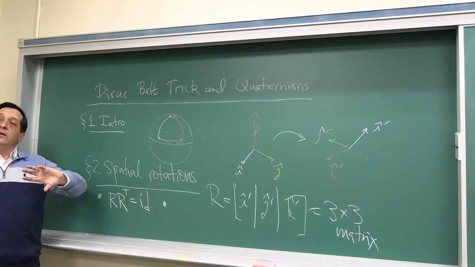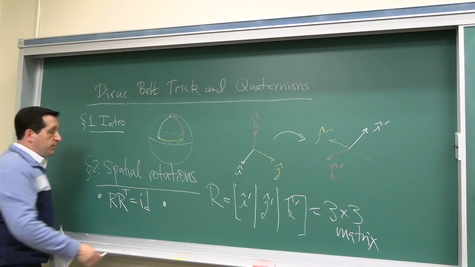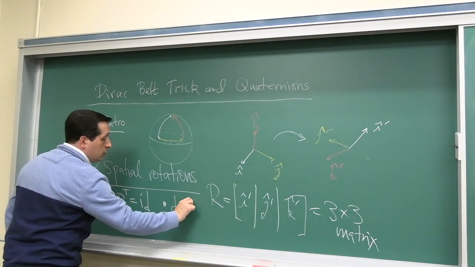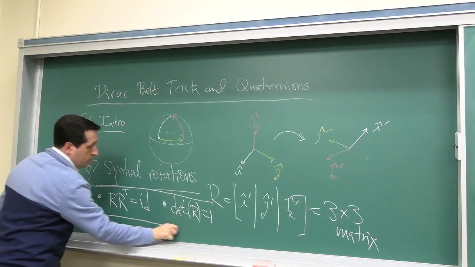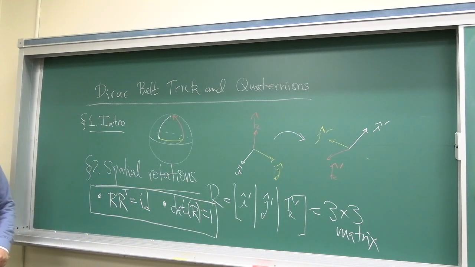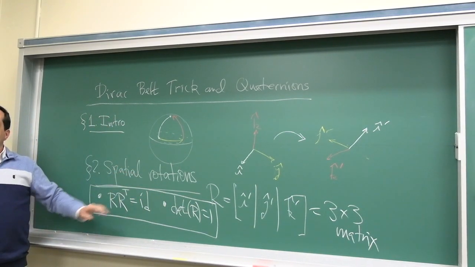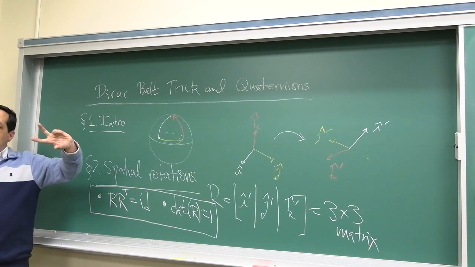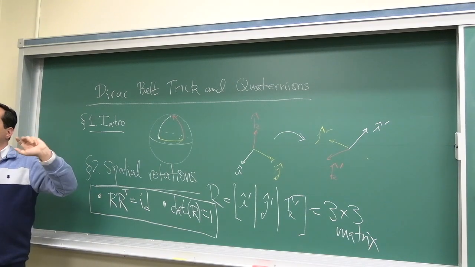When it's 1, it's orientation preserving, and when it's minus 1, it's orientation reversing. And so we also impose this further condition that the determinant is 1. So these are two conditions on a 3x3 matrix that encode the fact that it is expressing an orientation-preserving rigid motion of space.